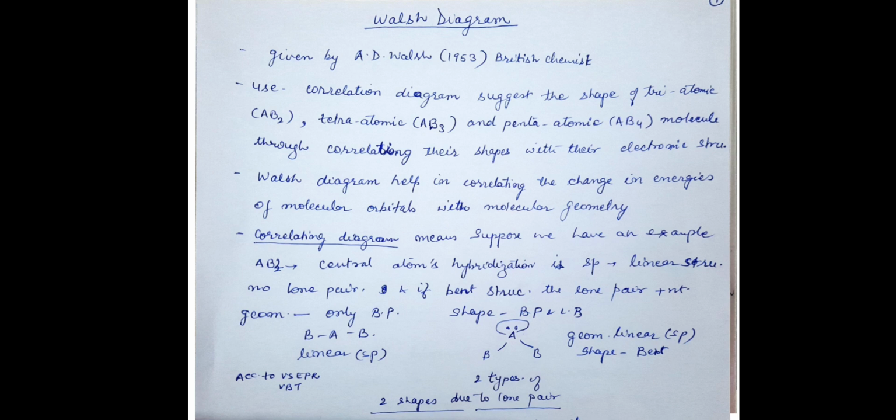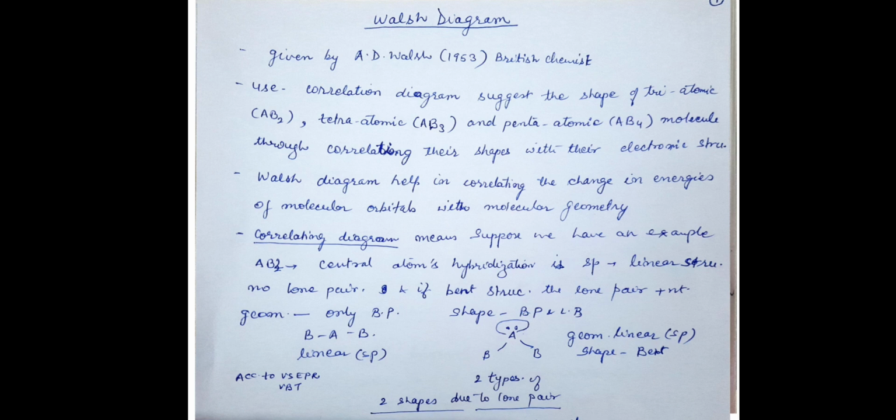Geometry is given by the valence bond theory. For regular geometry, if the hybridization is sp, the geometry is linear, sp2 is triangular, and sp3 is tetrahedral, but the shapes are given by the valence shell electron pair repulsion theory. According to the lone pairs, the shape of the molecule changes within the same hybridization.